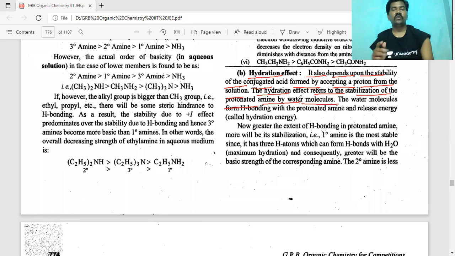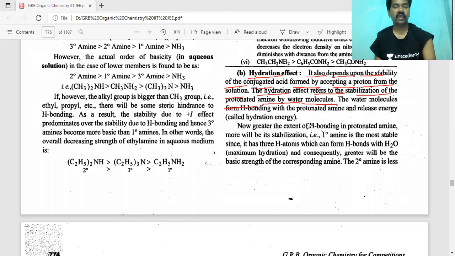The water molecules form hydrogen bonds with the protonated amine and release energy. Okay, that is called hydration energy.